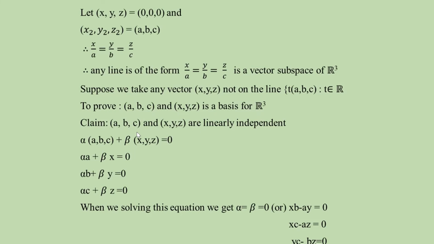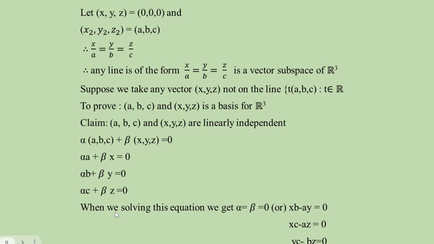We take the linear combination equal to 0, right? So alpha times (a, b, c) plus beta times (x, y, z) equal to 0. From this we get three equations: alpha a plus beta x equal to 0, alpha b plus beta y equal to 0, and alpha c plus beta z equal to 0.